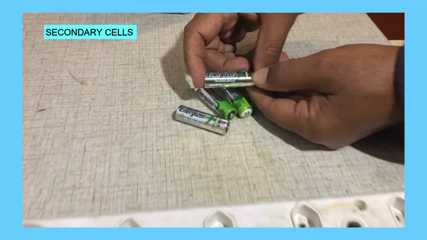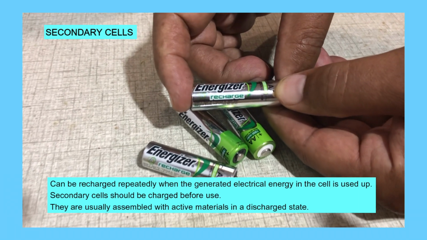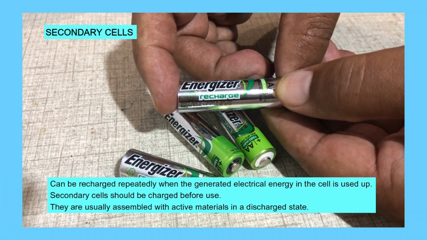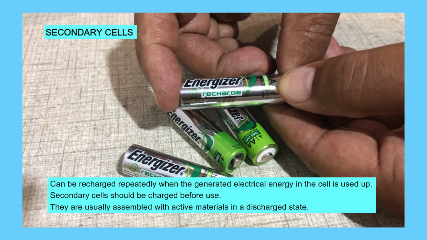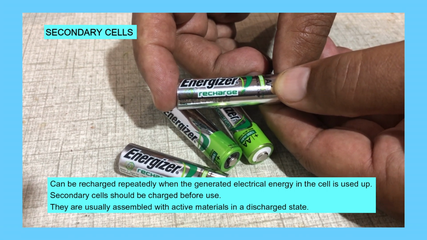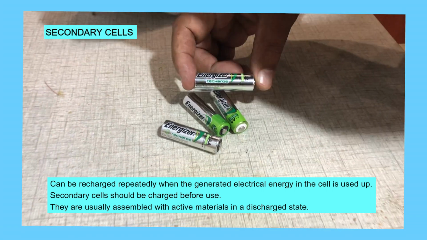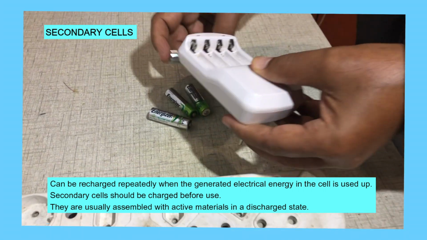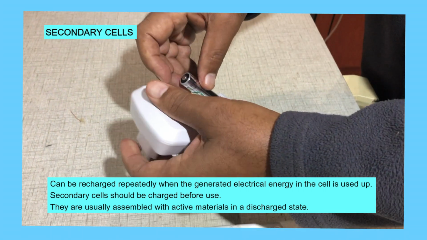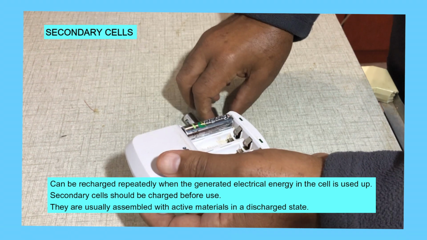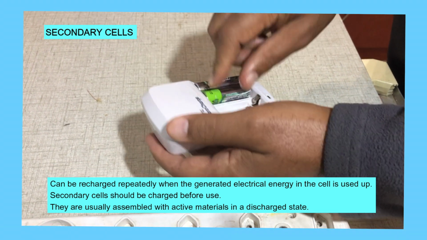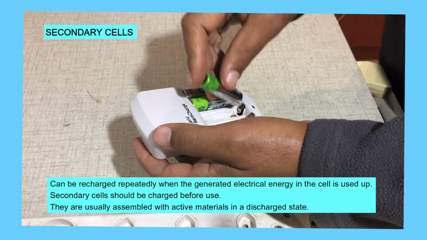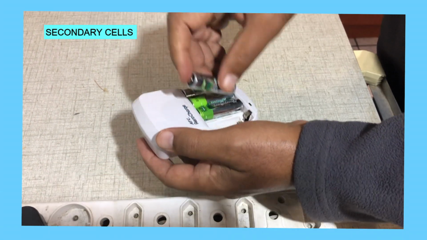Secondary cells. Secondary cells can be recharged repeatedly when the generated electrical energy in the cell is used up. Secondary cells should be charged before use. They are usually assembled with active materials in a discharged state.